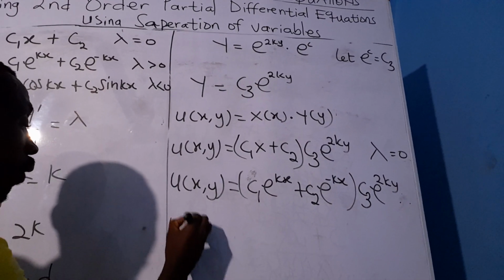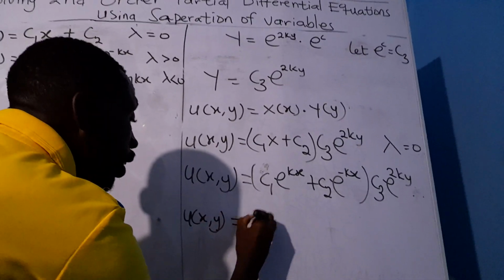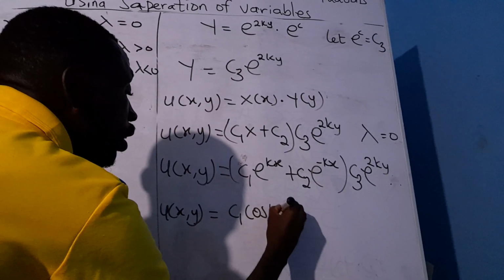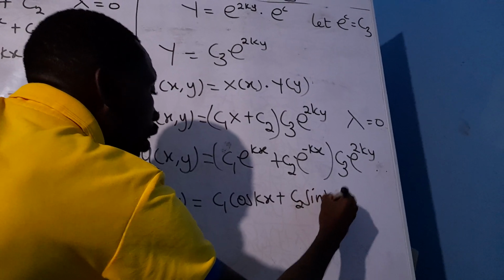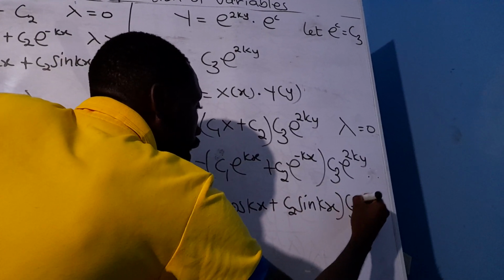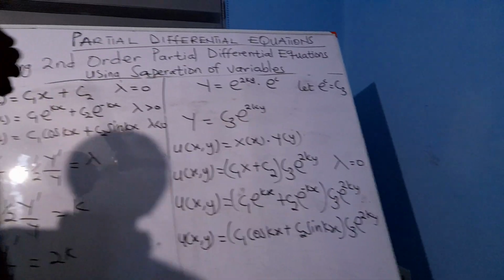Then the third one, we have c1 cos kx plus c2 sin kx, then times our c3 e exponent 2ky.